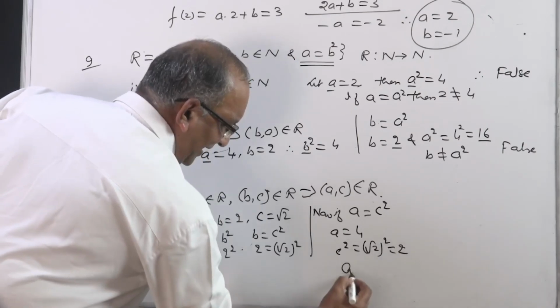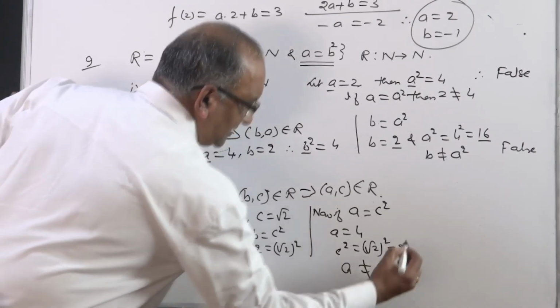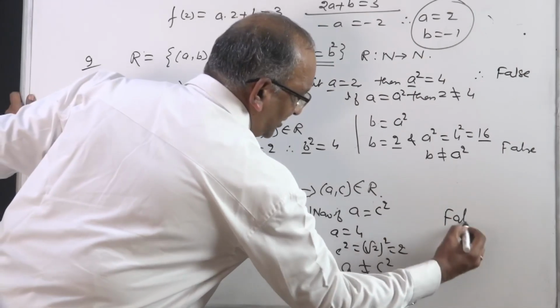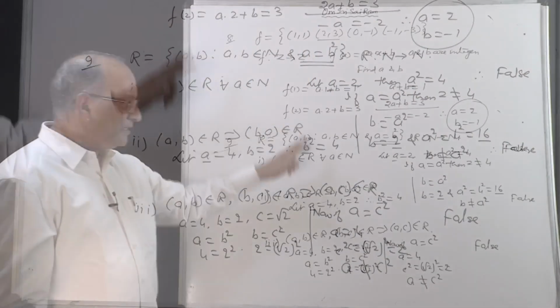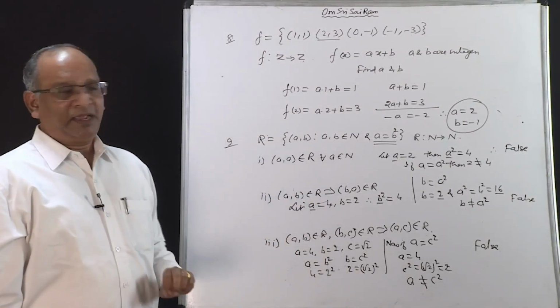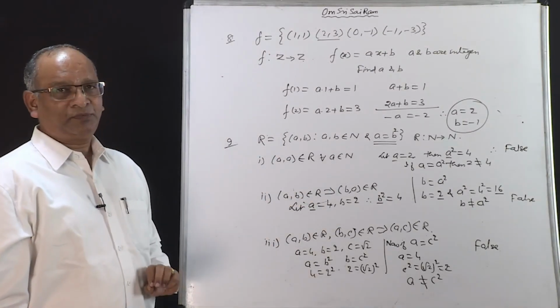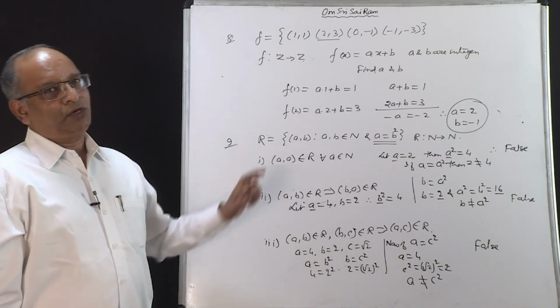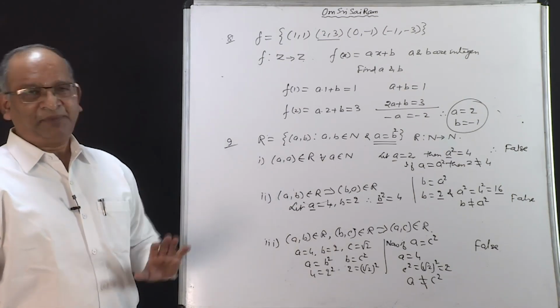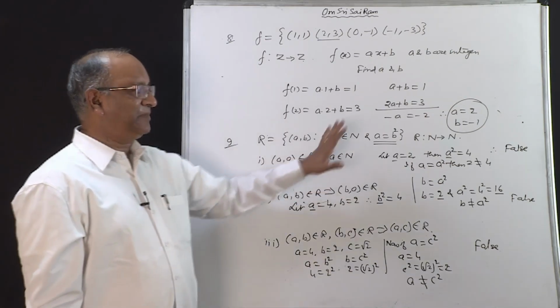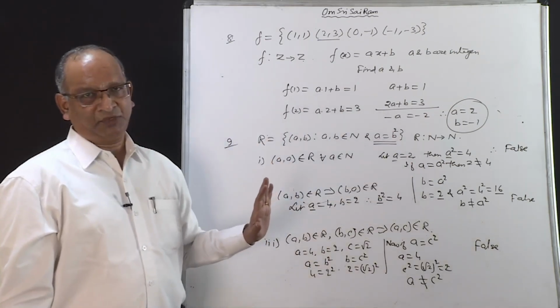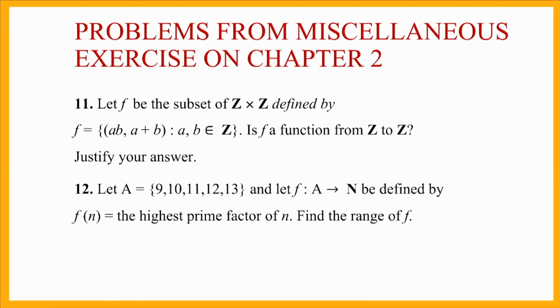So we find that A is not equal to C square. So this relation is also false. So in all three cases it is false. It is neither reflexive, nor symmetric, nor transitive. But we will not use those words right now. We will simply say the given statements are false. Let us move to the next.